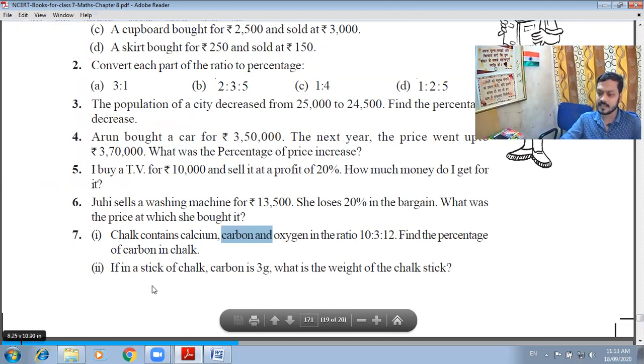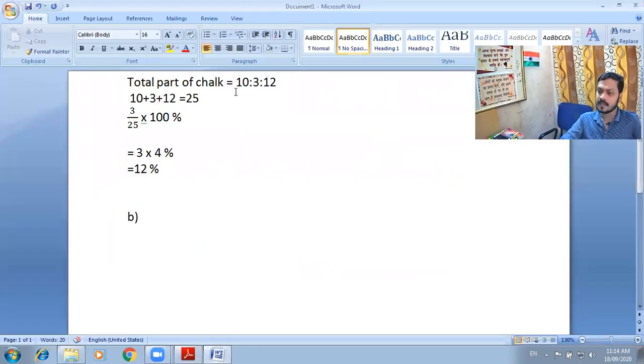Here 10 represents calcium, 3 represents carbon, and 12 represents oxygen. Converting into kilograms, we have 10 kg of calcium, 3 kg of carbon, and similarly 12 kg of oxygen. So what is the total amount of content used in forming a chalk stick?